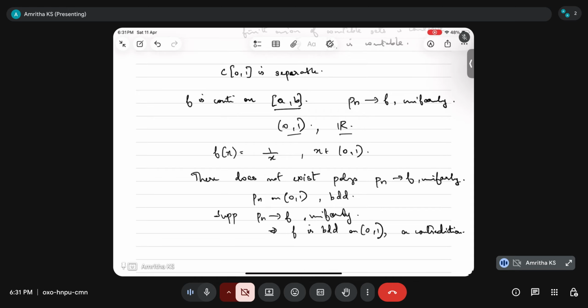So this would imply that there does not exist a sequence of polynomials that converges to f uniformly.